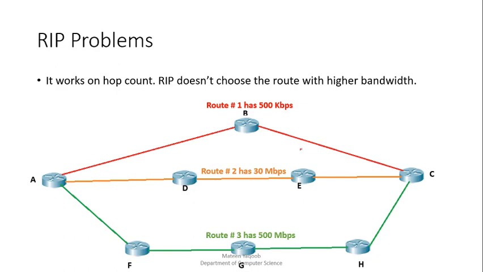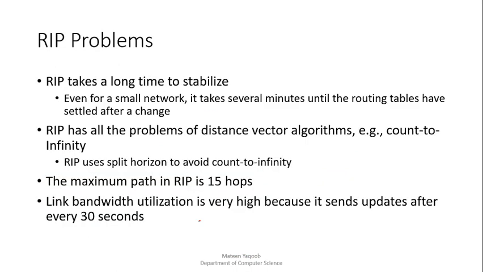In case you chose route number 3, then your packets can be transmitted very fast compared to choosing route number 1, where your packets will be very slow. But RIP works on the minimum hop count. It doesn't work on bandwidth. And RIP takes a very long time to stabilize, because even for a small network it takes several minutes until the routing table has settled after a change.